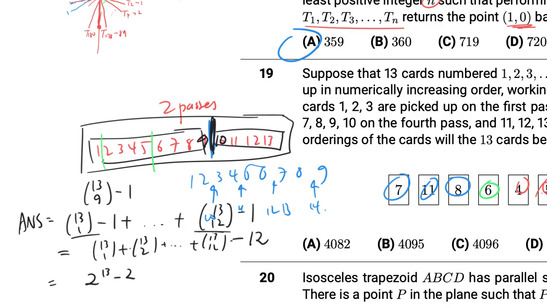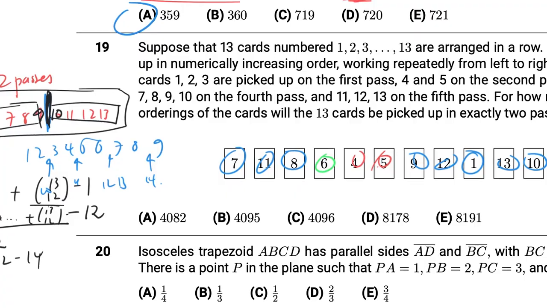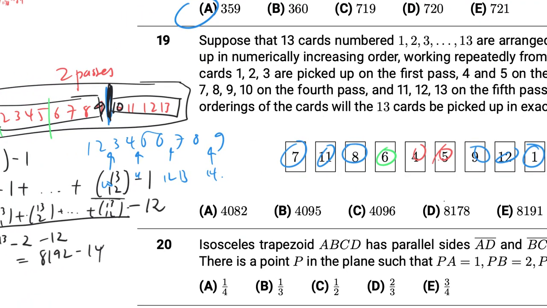So if we consider the identity of the nth row of Pascal's triangle, the sum is 2 to the 13, and then here we lack 13 choose 0 and 13 choose 13, so it's minus 2 and minus 12. And so we can just calculate this. This is just this, and the answer would be D.